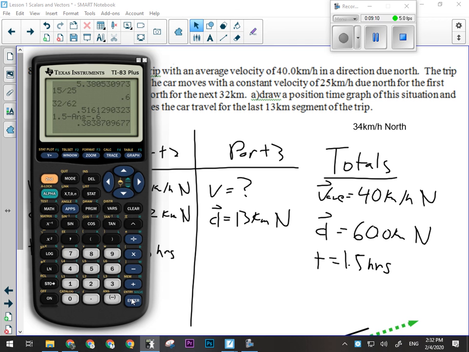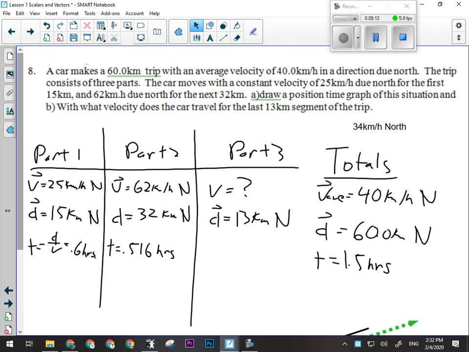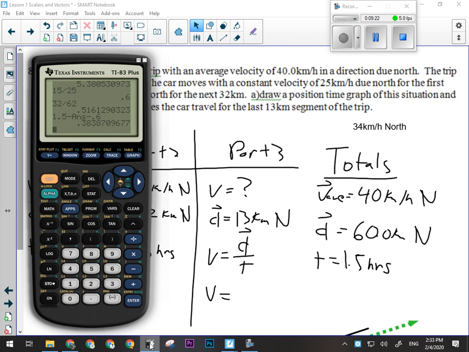Now that I know that, that's my time. Now I can calculate V. V will, as always, equal displacement over time. 13 over that number will give me the speed during the last section. So that'll be 13 kilometers divided by my time for part 3, which gives me 34 kilometers per hour.